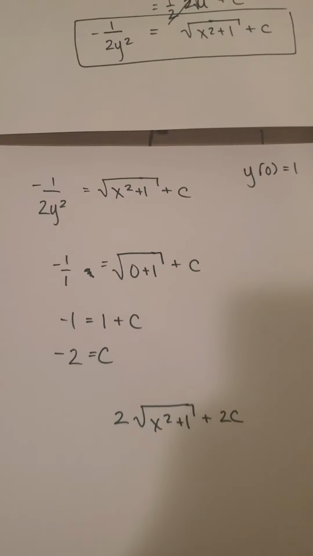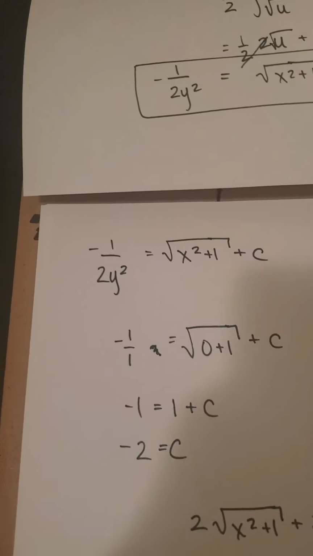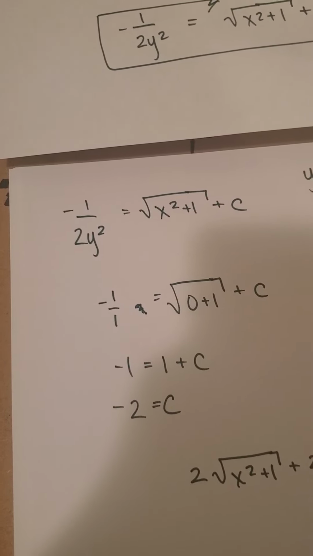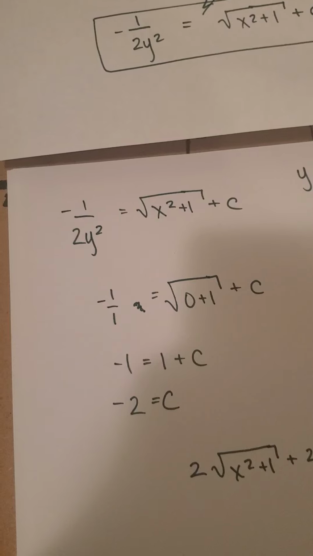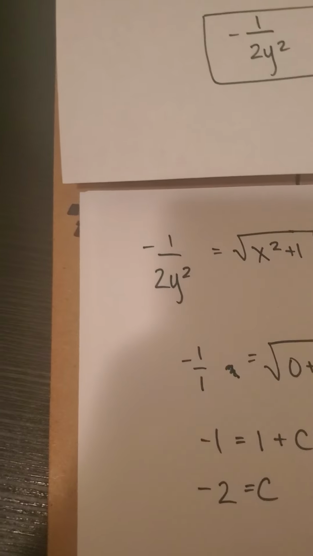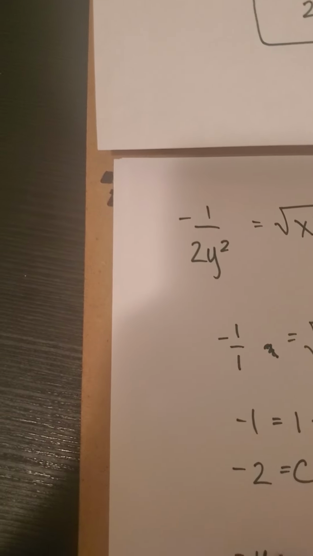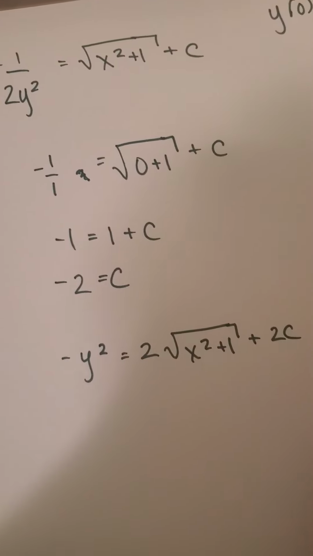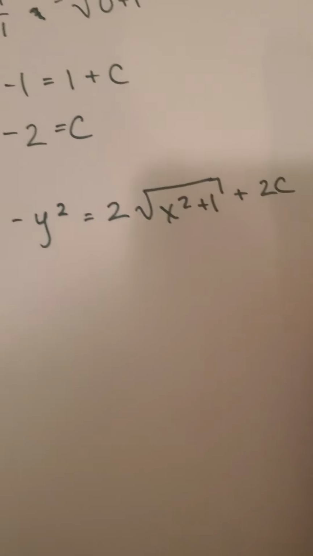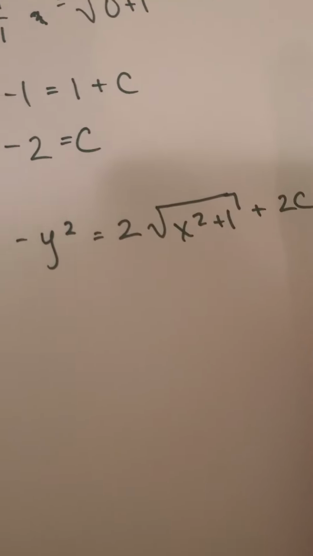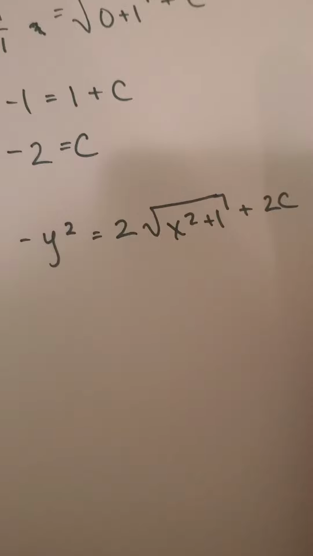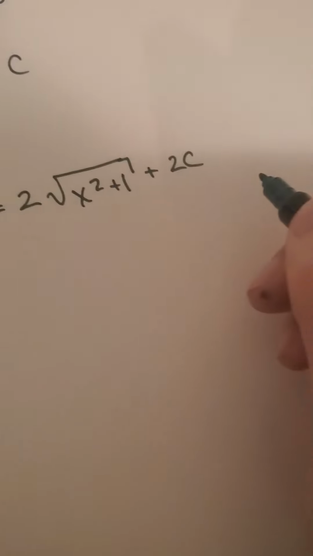It's going to be 2c. But still a negative y squared. So I guess if we just multiply the whole thing by a negative, things could turn out cool. I don't know if that's even necessary, so I'm just gonna leave it like this.